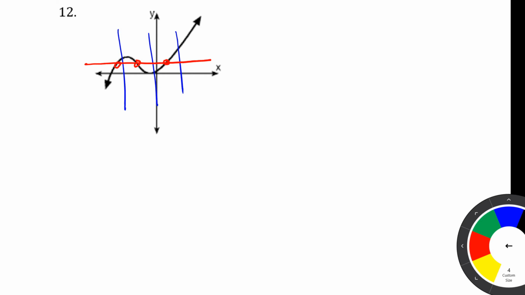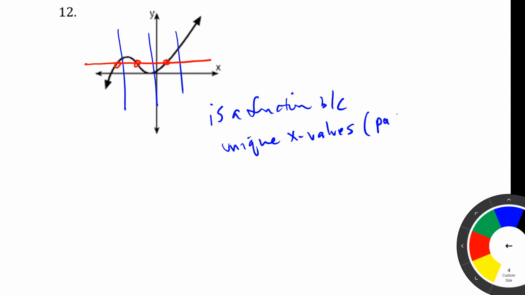So we can say this is a function because of unique x values, right, passes the vertical line test. It's not one-to-one because it fails the horizontal line test.